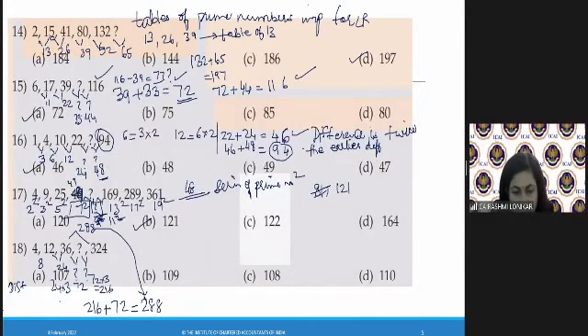First difference was 8. Next difference is 24. Then 24 into 3, the difference should be 72. So this will be 36 plus 72, which is equal to, oh sorry, not 218. That is 36 plus 72 is 108.